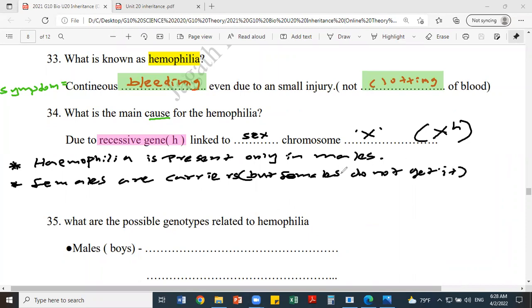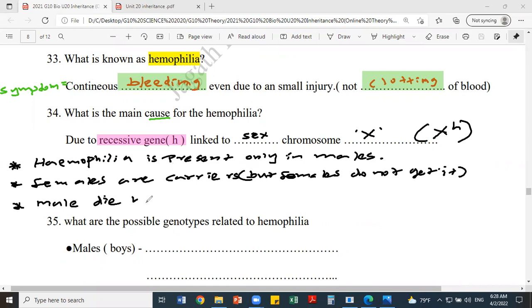And males die at birth. Males die, or they die before they become adults, like at maximum, even with treatment, before marriage.